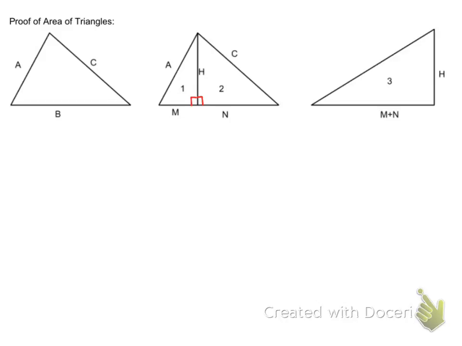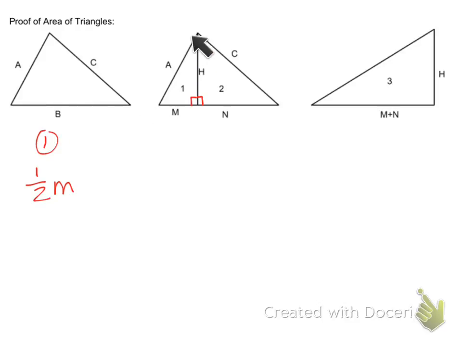What's the area of triangle 1? It's 1/2, and what's the base of this triangle right here? M. Notice that B is the big base of the big triangle, so B is this whole entire thing.